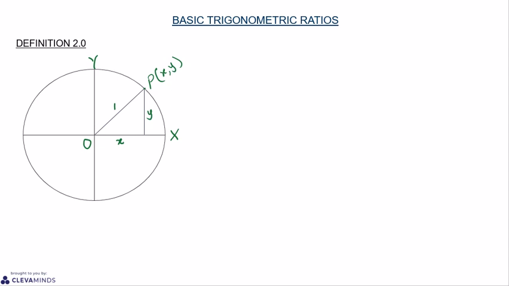Good. So the angle between OX and OP is theta. That's angle theta. Now, application of the basic trigonometric ratio: remember that we have the basic trigonometry given as SOHCAHTOA.